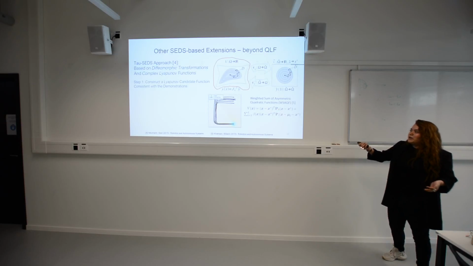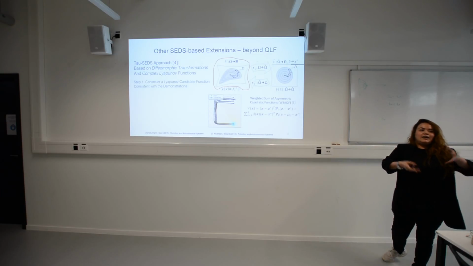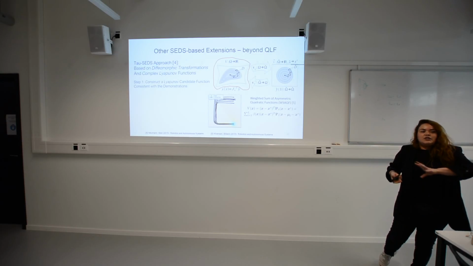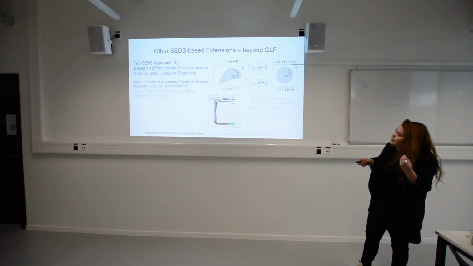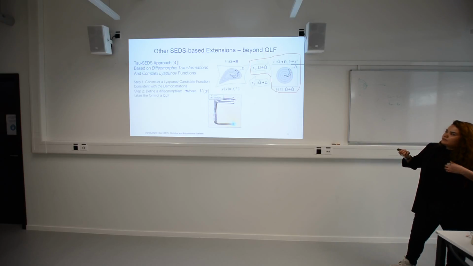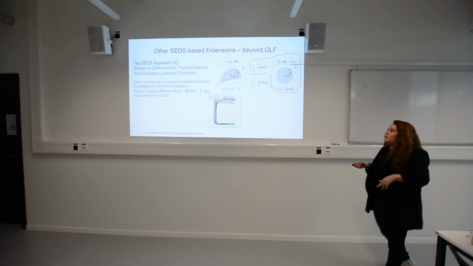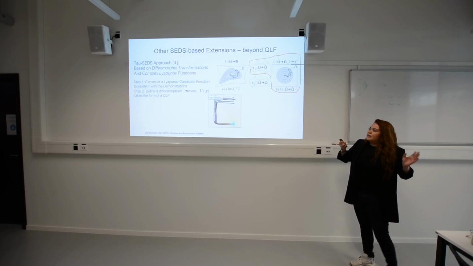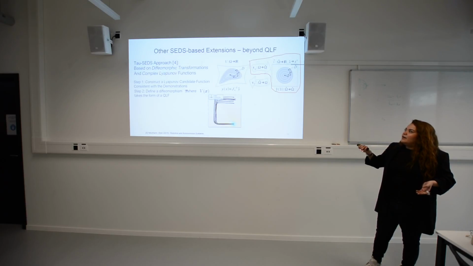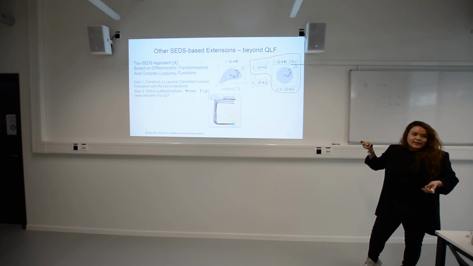But the problem is that we cannot really use this directly in an optimization to estimate our A matrices. So what they did was estimate this complex Lyapunov function, and then estimate a diffeomorphism that transforms our data from the complex Lyapunov function to a quadratic Lyapunov function.